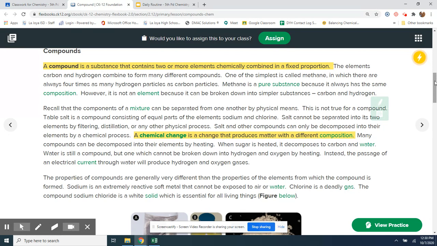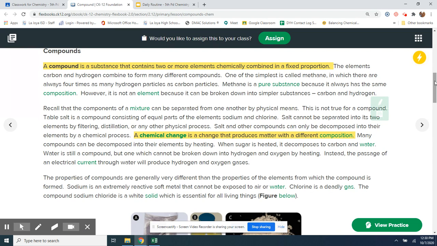Are they equal, these two elements that we have here? Do I have one sodium and one chlorine? Yes, I do. If I change the number, if I have one sodium and three chlorines, it's not salt anymore. Make sure you have that clear.